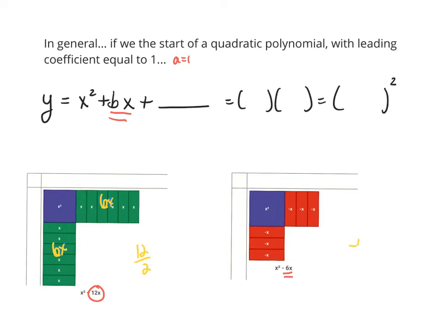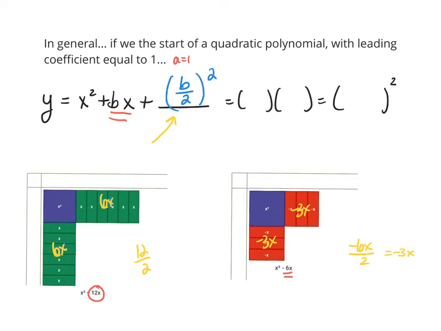Over here, I had negative 6x's, and since I wanted to make a square, I needed to evenly distribute those x's on each side of the square, so I put negative 3 of them here, and I put negative 3 of them here. Or in other words, I split the negative 6x's into 2 groups. So in general, the number that fills in this blank is always going to be b over 2 squared.